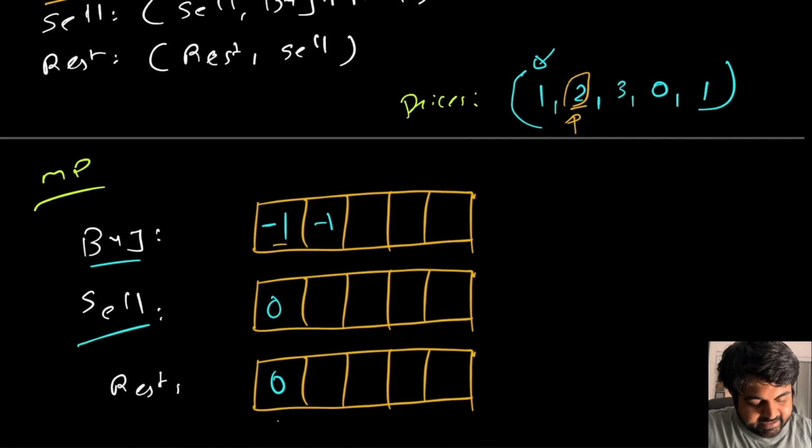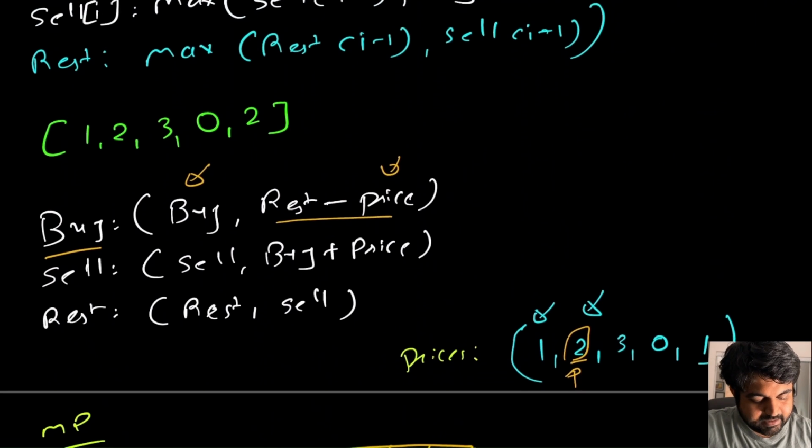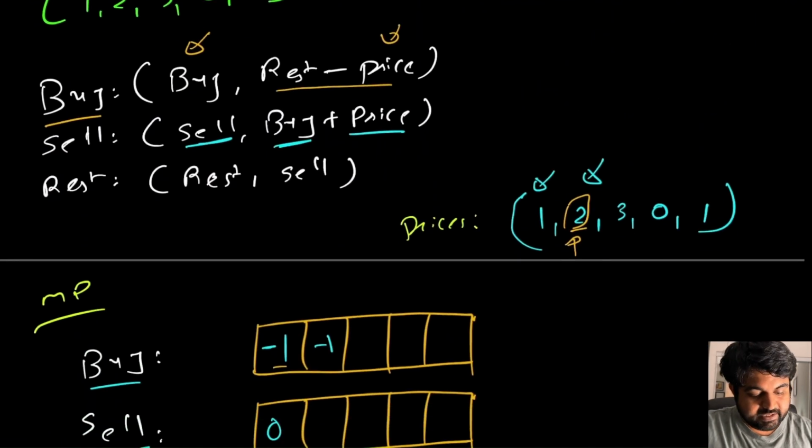Same way for the sell array. If we decide to sell on this particular day, what is the maximum profit we can make? Once again, we are comparing the previous maximum profit from the previous day, or the previous maximum profit we made if we bought a day earlier plus the price of today.